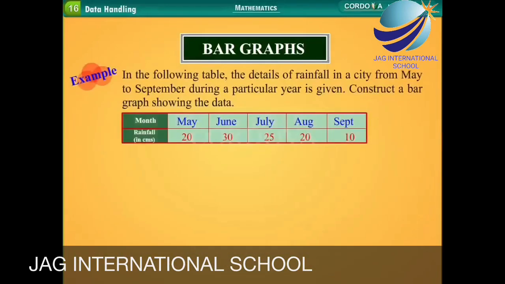Examples. In the following table, the details of rainfall in a city from May to September during a particular year are given. Construct a bar graph showing the data. Month: May, June, July, August, September. Rainfall in centimeters: 20, 30, 25, 20, 10. Solution. Working steps.